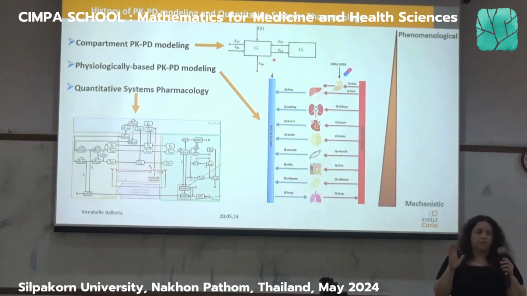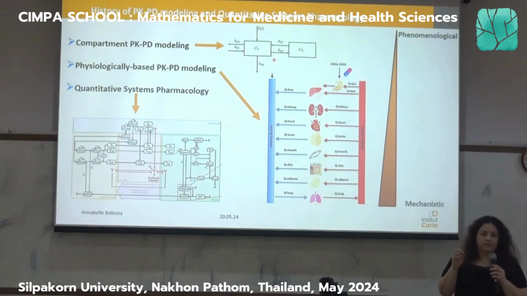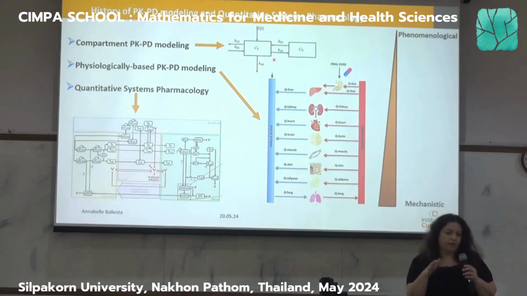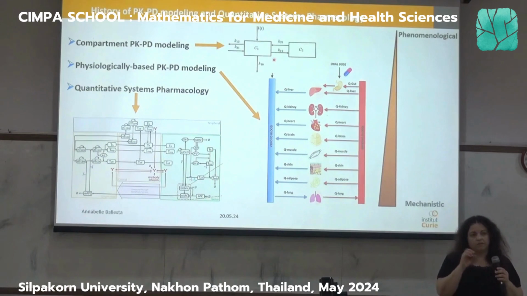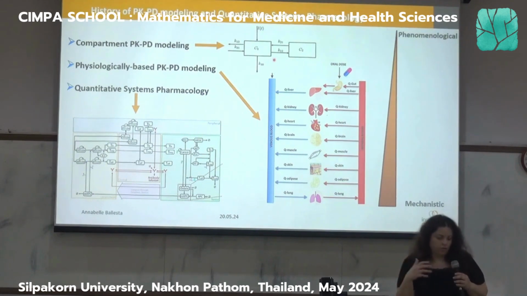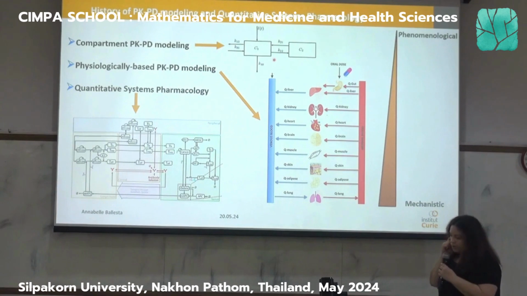It's just a compartment, so a mathematical variable that is here to represent the profiles that you see in your data. But the variable itself doesn't stand for anything like a concentration in a particular organ. It's just a concentration which is not physiological.